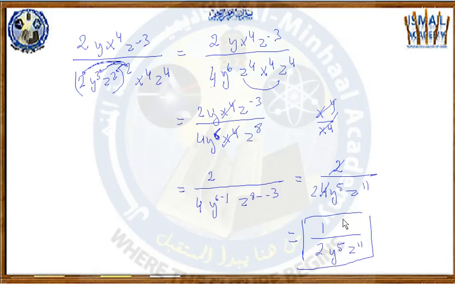Either you have 1, or a number, or a number with the variable. Maybe when you simplify an expression, you may have 0, but in an exponent, I don't think so. Unless you have 0 times the whole thing, then it's going to be 0. Is that clear, guys? Yeah.